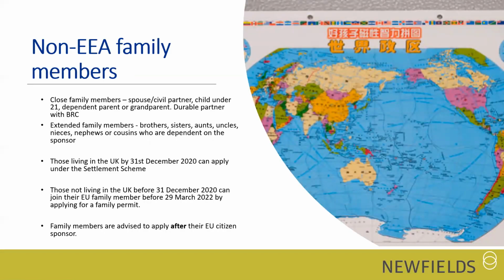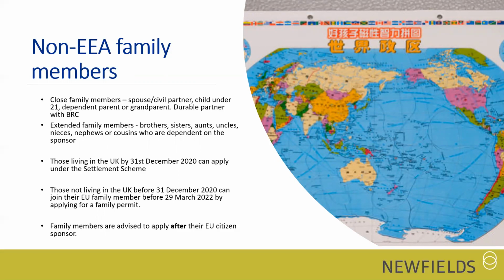Non-EU EEA family members are divided into two categories: those that are close family members and those that are extended family members. For close family members, those that are eligible are spouses and civil partners, children under the age of 21, dependent parents or grandparents, and durable partners.